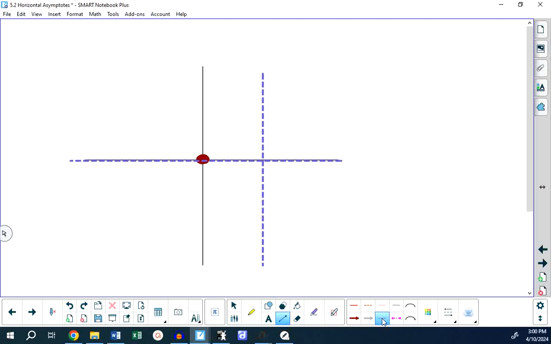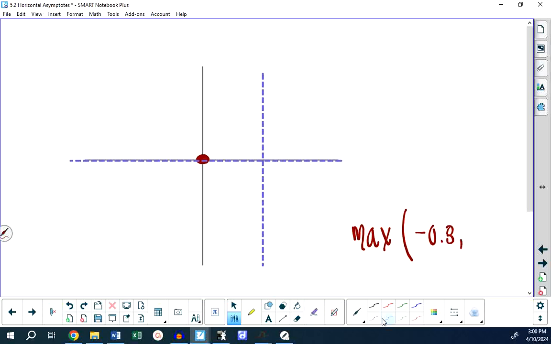We have a maximum at approximately negative 0.8, comma 0.53. So negative 0.8 was over here, approximately. 0.5, well, I don't think it really matters here. 0.5, we'll just say 0.5 is here. So this is the maximum.